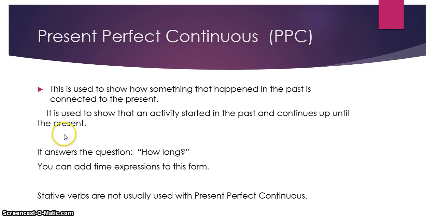Okay, so this is showing a continuous activity in the present, and that activity started sometime in the past. Now, the present perfect continuous answers the question, how long? And you can add time expressions to this form. Now, stative verbs are not usually used with the present perfect continuous.